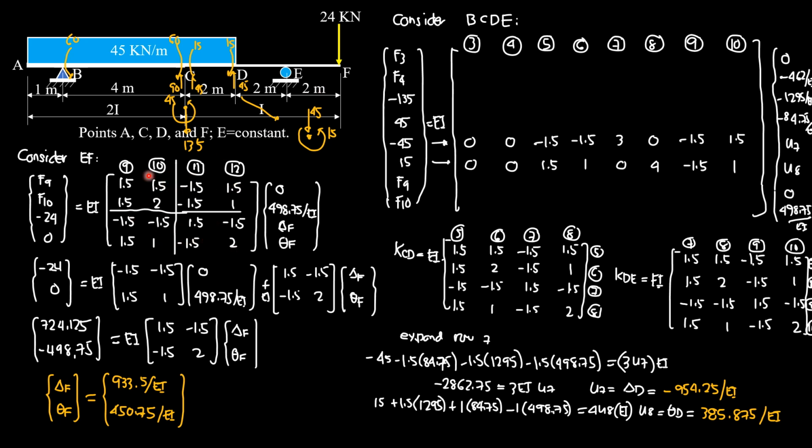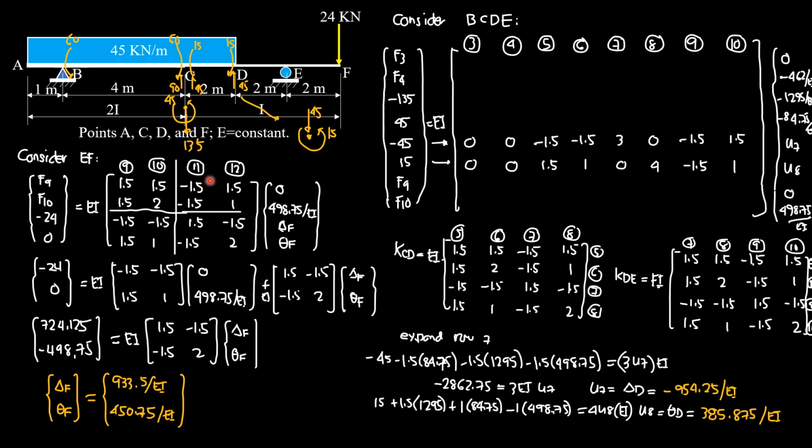Then you can generate all this, as students in matrix structural analysis. Forces at E, don't mind, you just call it F9 and F10. And at F, we have negative 24 downward, 0 moment.